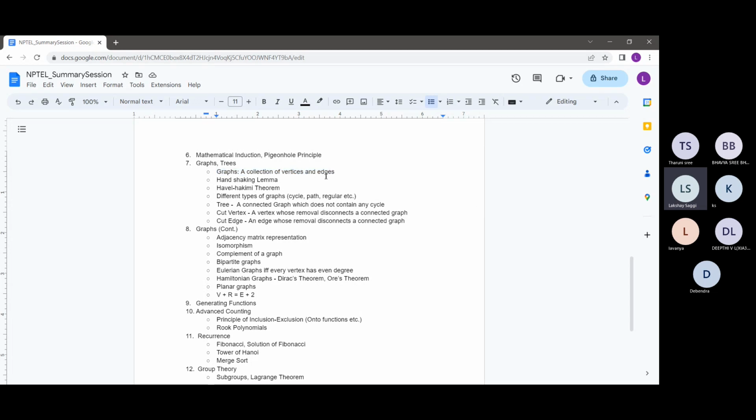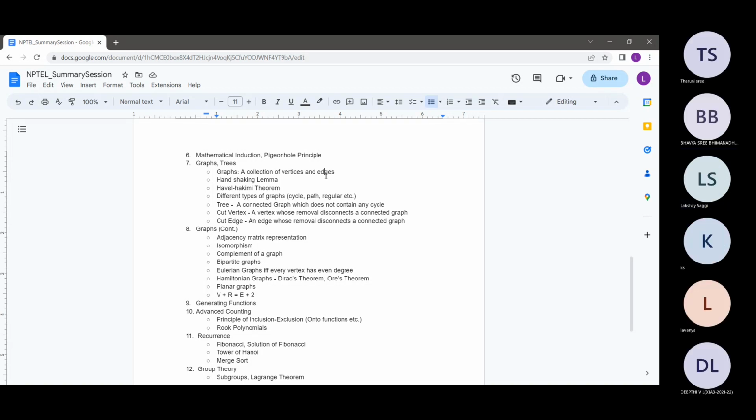I believe you already know what vertices and edges are, and if you are still confused, you can look up the proper definition in the lectures. This is just a summarizing session, so I'm not going into the formal definitions. Intuitively, vertices are just some points and edges are what connect those points.